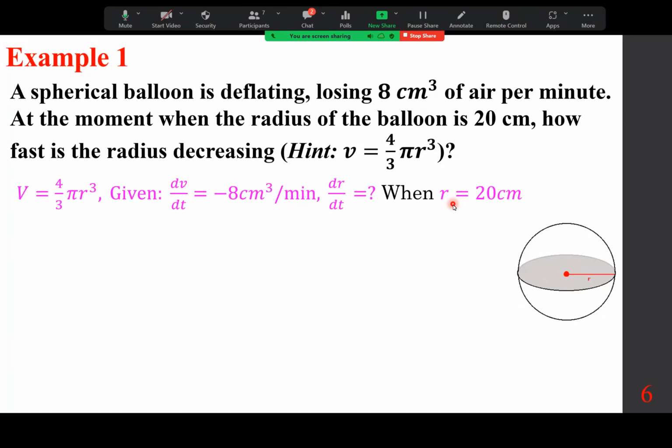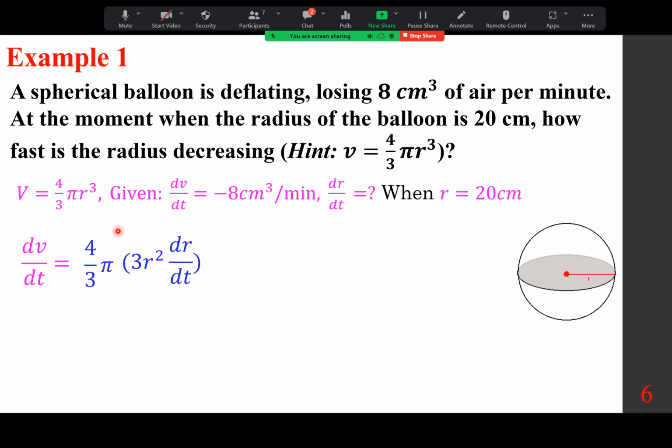So what we are going to do is differentiate this with respect to t, because in related rates, the only independent variable is t. So when we differentiate, 4/3 pi is a number and it doesn't change. r cubed is the only variable, and when we differentiate that it is 3r squared, since it's a function of t by the chain rule, times dr/dt.